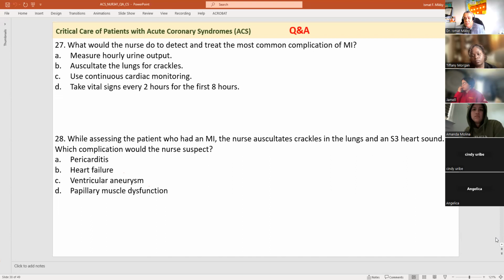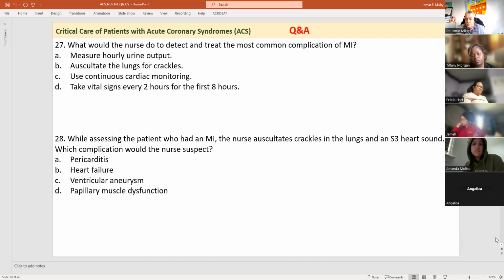27. What would the nurse do to detect and treat the most common complication of MI? Use continuous cardiac monitoring. Right.